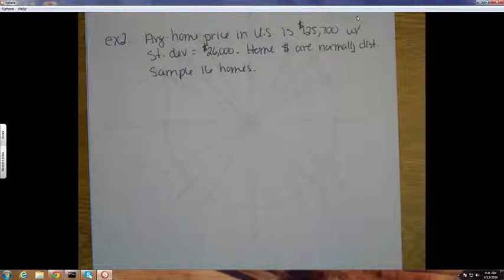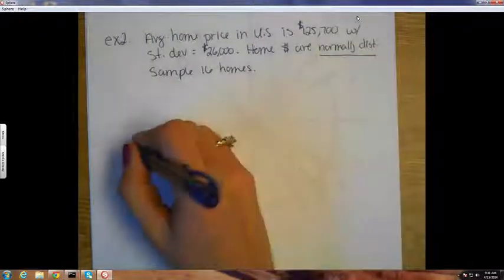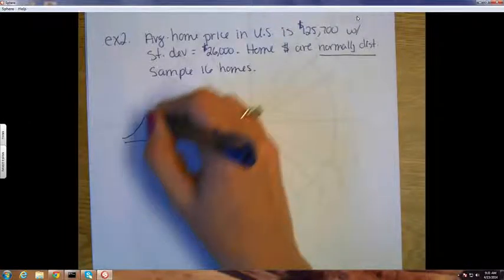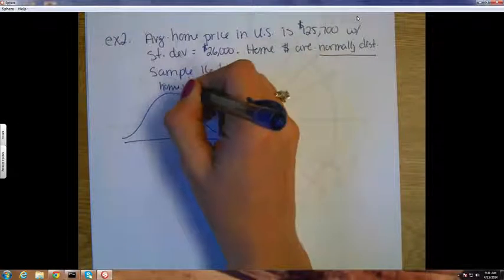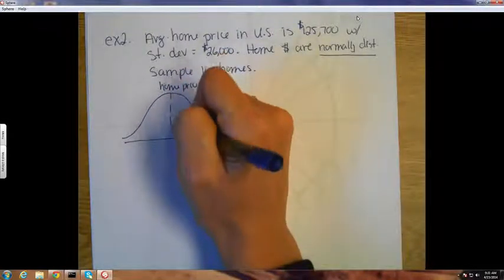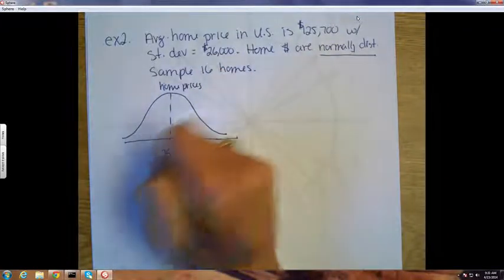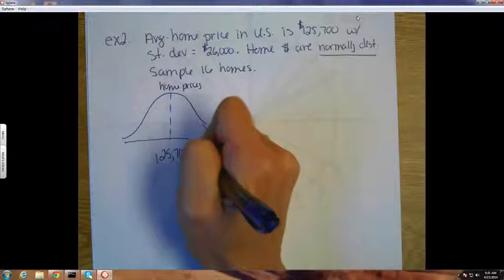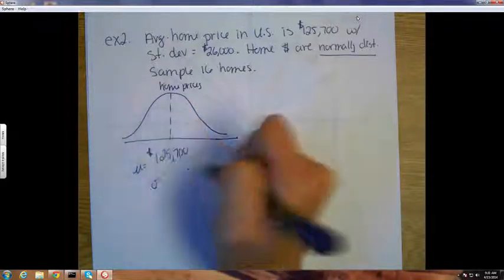It is starting out normal. So these home prices are normally distributed. They gave me the mean, 125,700. Standard deviation, 26,000.